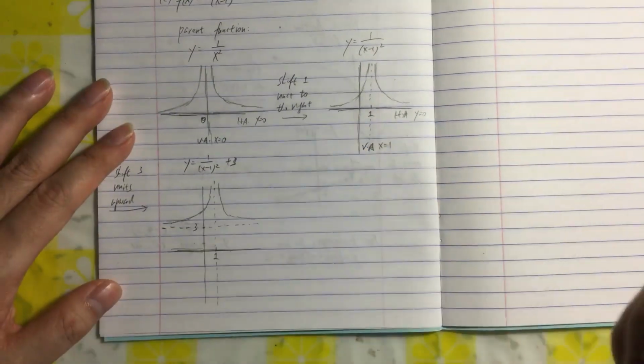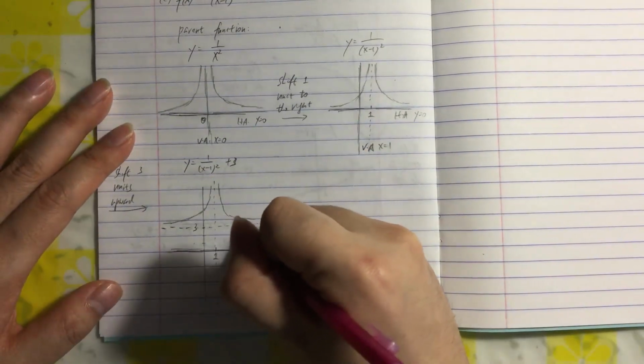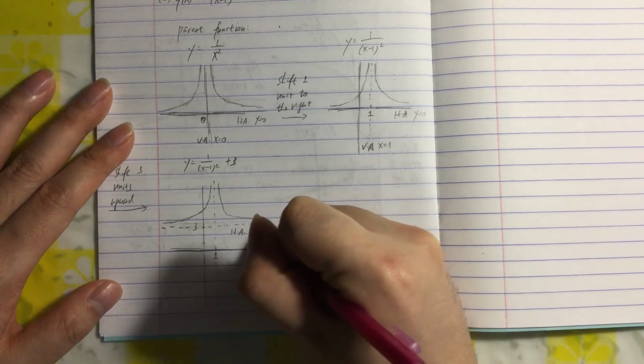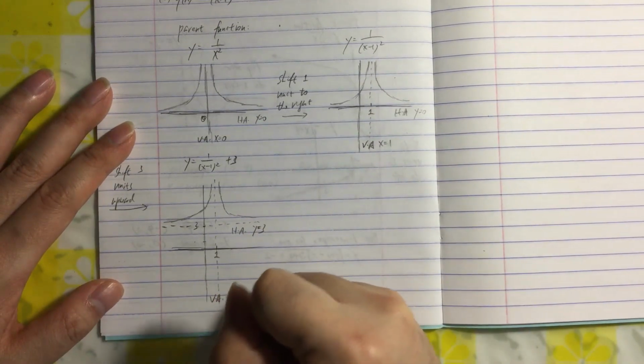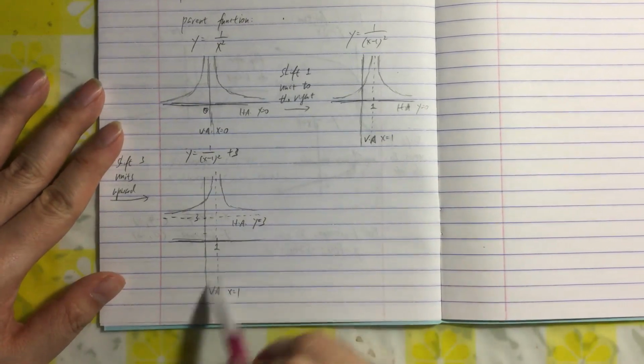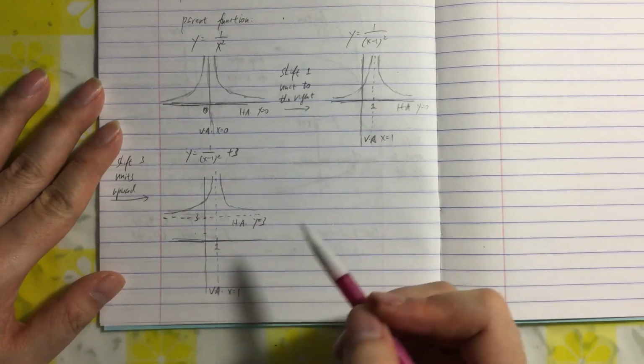So here, our new horizontal asymptote is y equals 3. The vertical asymptote here stays the same. It's x equals 1.